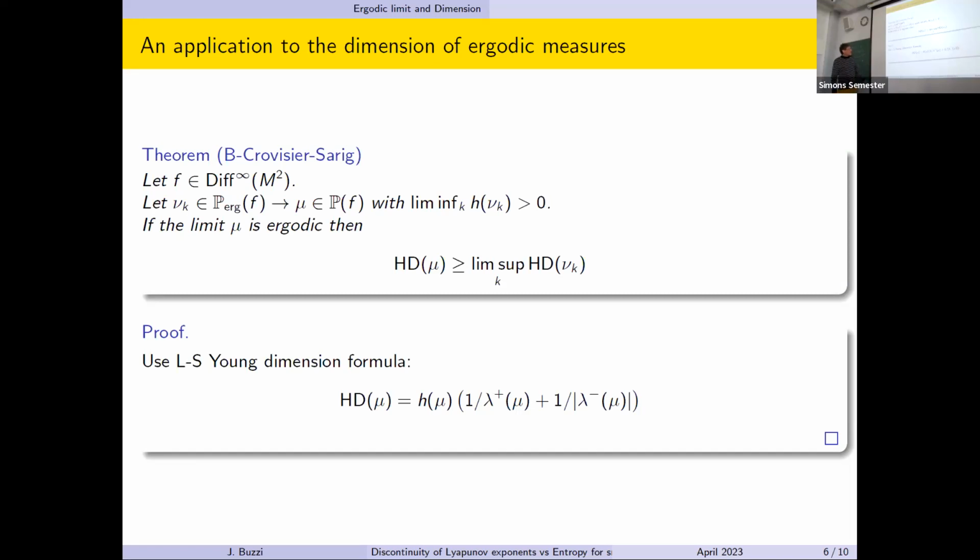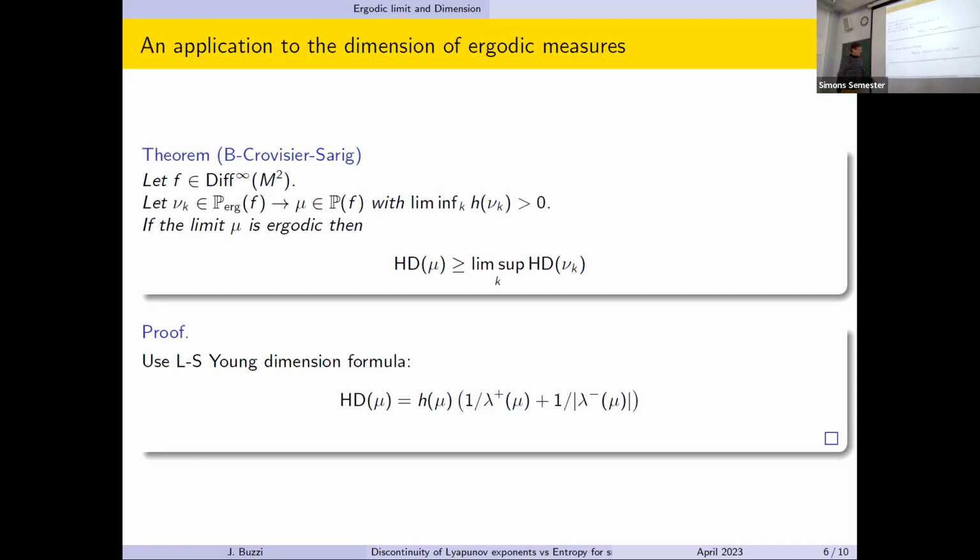The proof uses the previous formula, knowing that you lose more proportionally on the entropy than on the exponent. It tells you that these ratios, entropy divided by the top exponent, or entropy divided by minus the bottom exponent, are themselves semi-continuous.